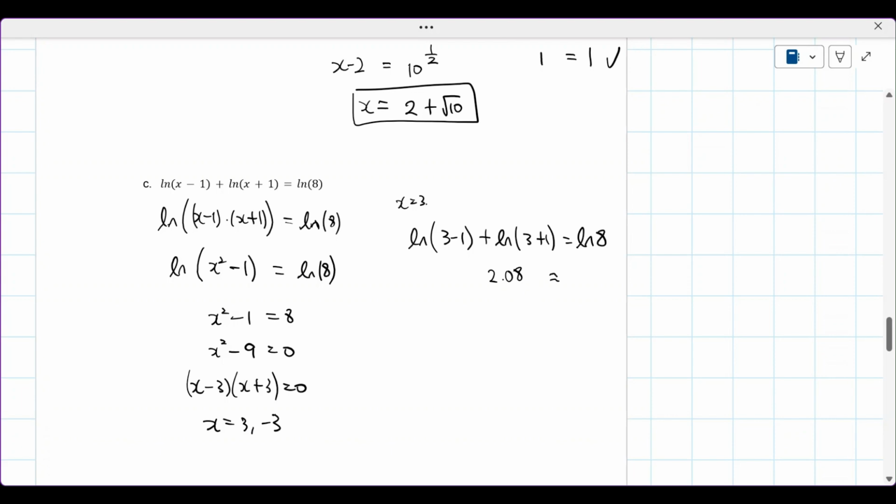And ln of 8 on the other side is also approximately 2.08. So yes, we have checked that x equals 3 is the correct answer. What about negative 3?